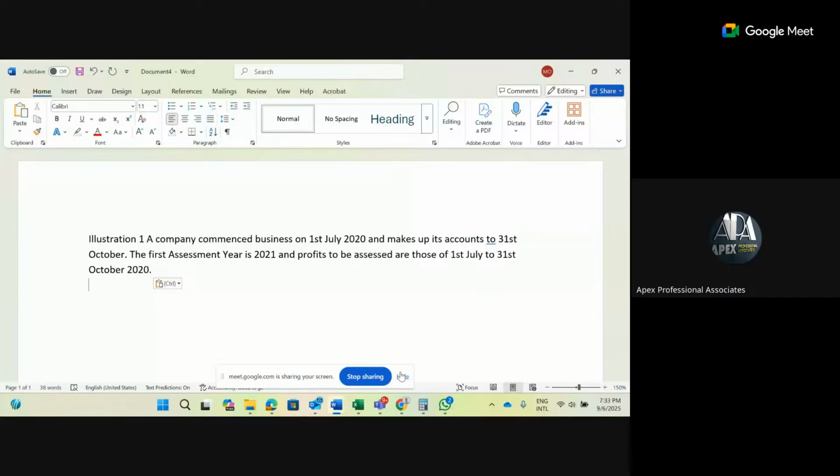I'm sharing my total screen, so I'm sure everybody will be able to see my screen as I'll be navigating.